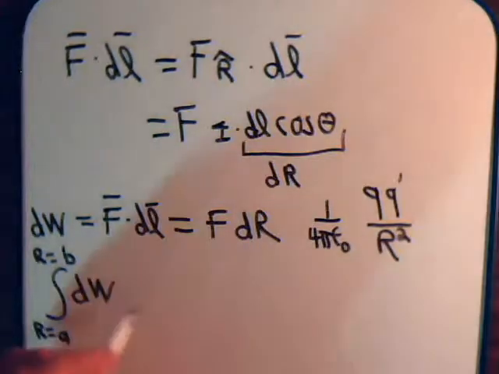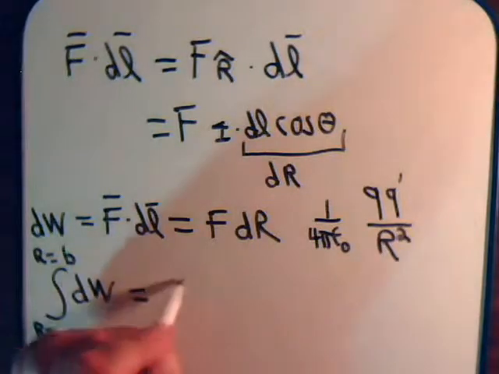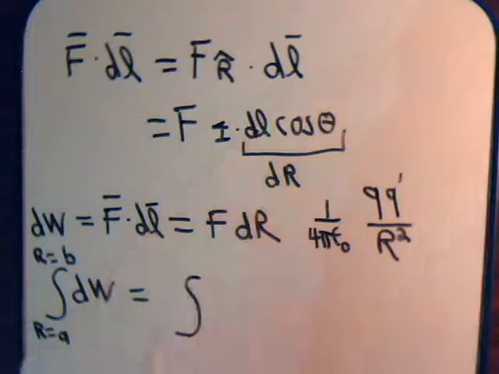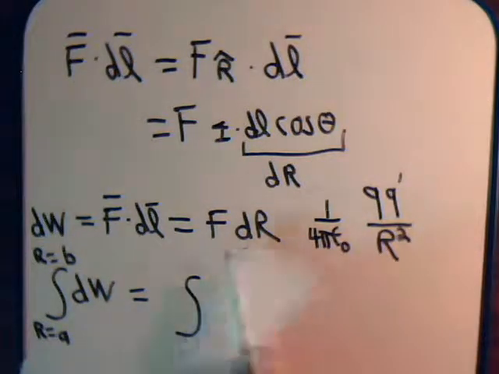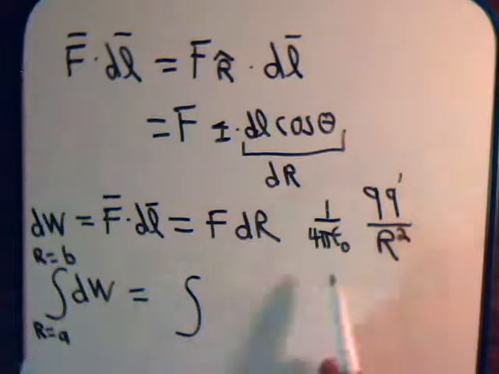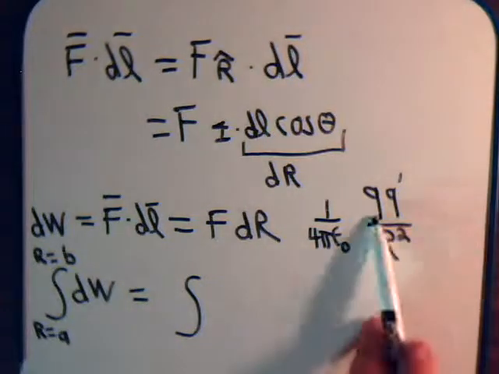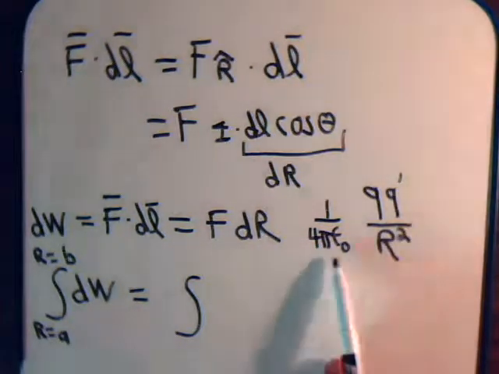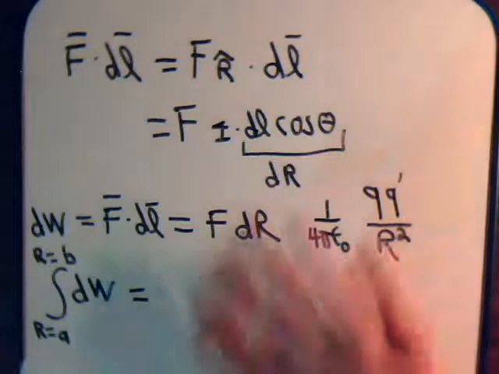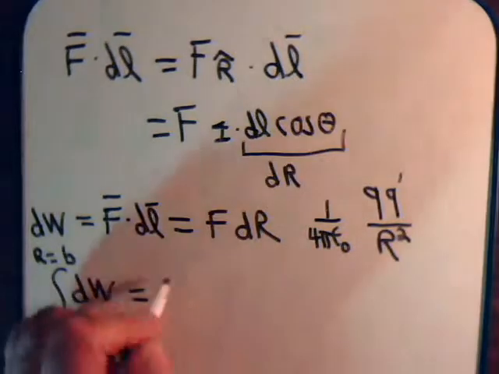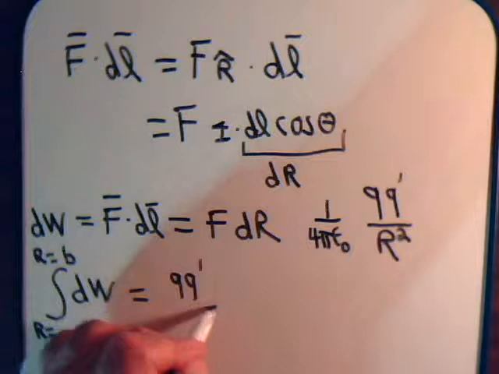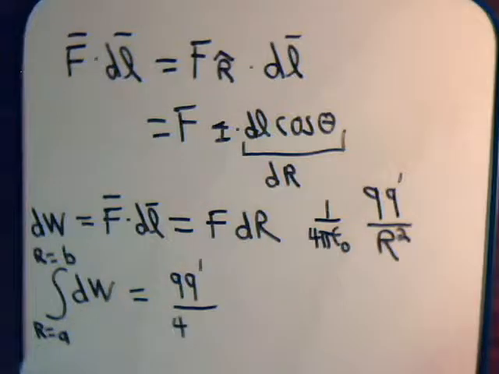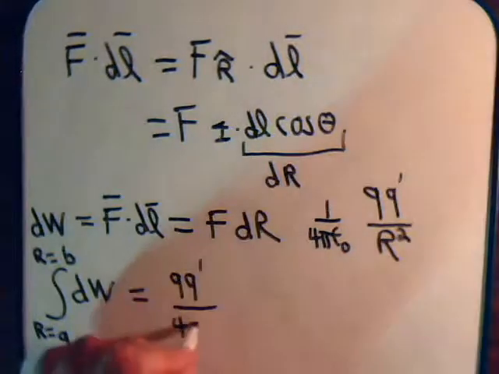But this equals the integral of F, the magnitude of the force, times dr. The magnitude of the force is this. Q prime and this, those are all constants, so we'll leave those to the outside of the integral. So we have Q prime over 4 pi epsilon.